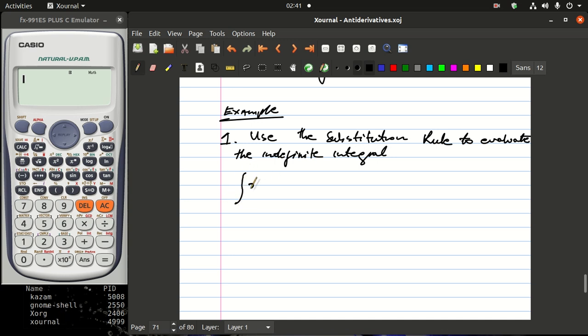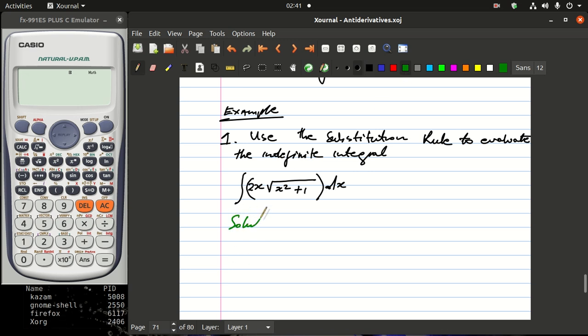Given that you have your 2x, and then you have your square root of x squared plus 1, and this whole thing, I have a dx there. Now, what I want you to realize here, before I can do anything, which is the solution.